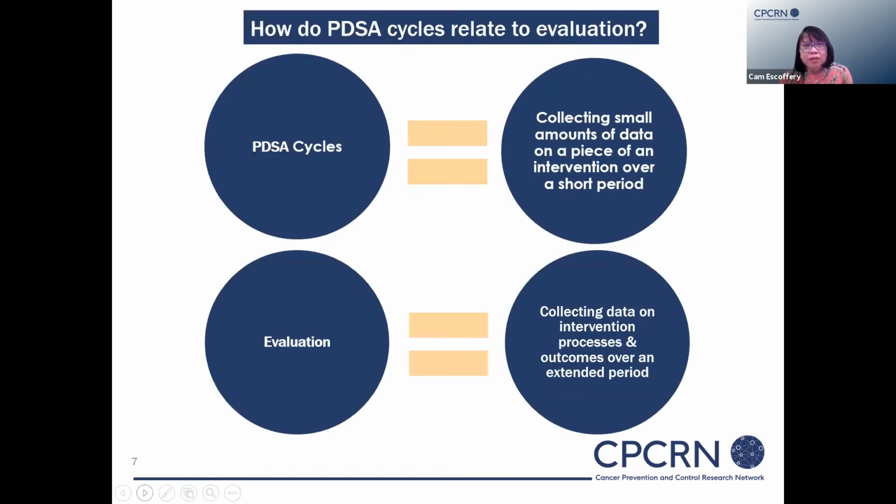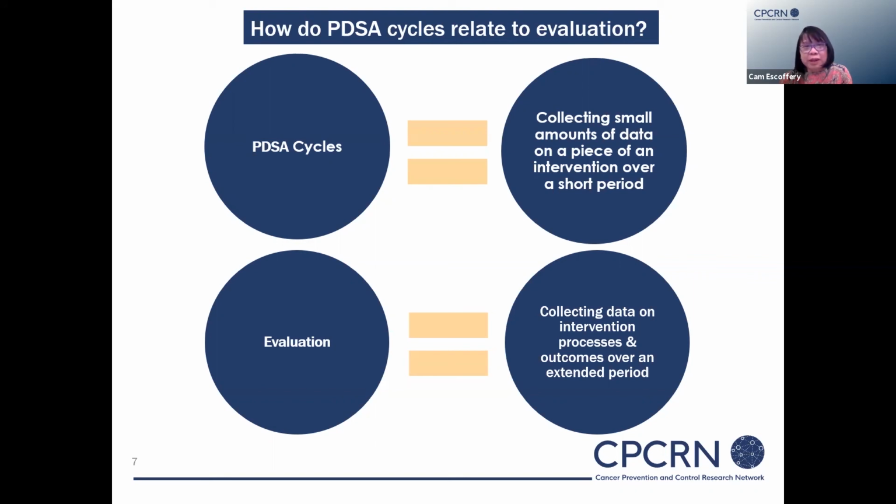So there are different types of evaluation that you can do that we've actually discussed a little bit. How do PDSA cycles relate to evaluation? There was infusion of quality improvement in some of the different modules that we talked about. PDSA cycles, plan, do, study, and act, are basically smaller iterations where you're collecting data to help you inform intervention.